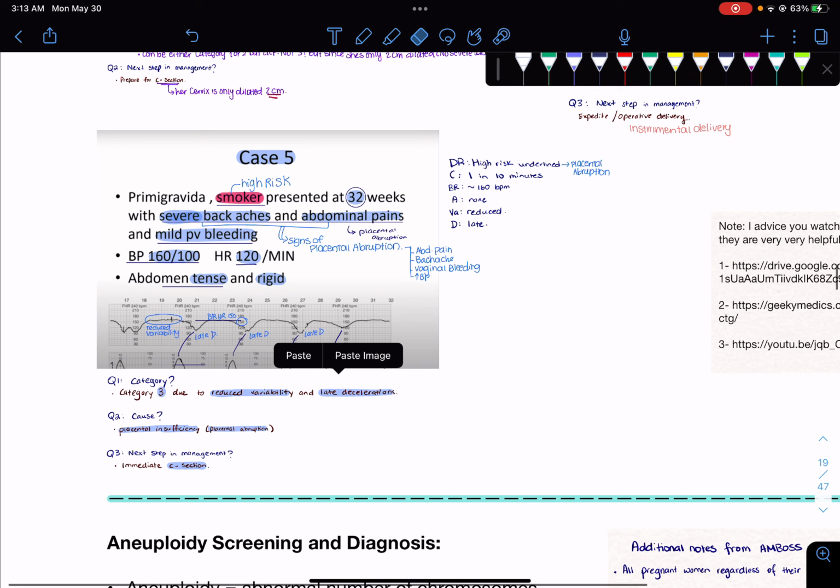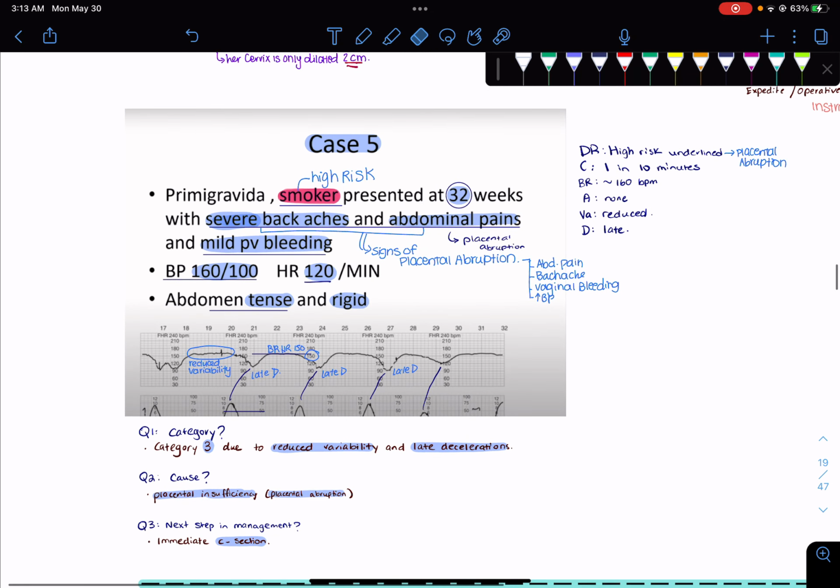Okay, the last one, case number 5. We have a primigravida smoker patient. So that's her high risk. Presented at 32 weeks of gestation with severe back aches and abdominal pains and mild vaginal bleeding. So I have 3 things, signs of what?